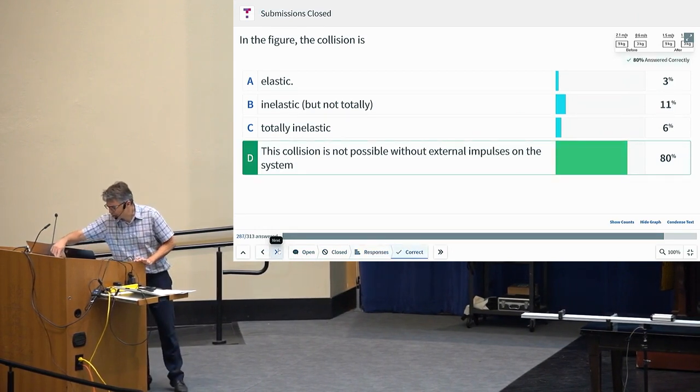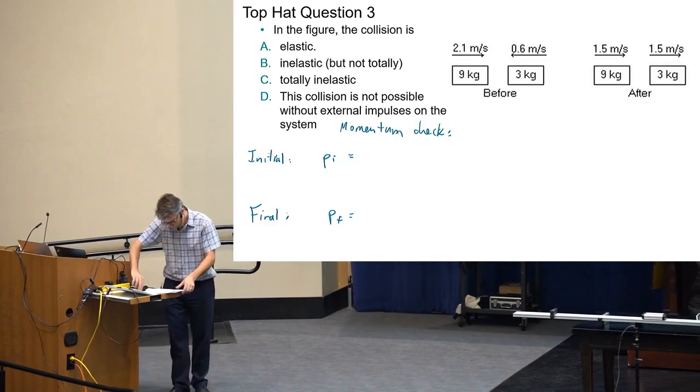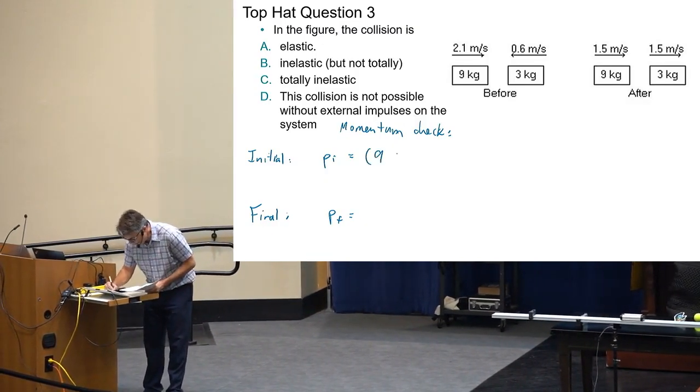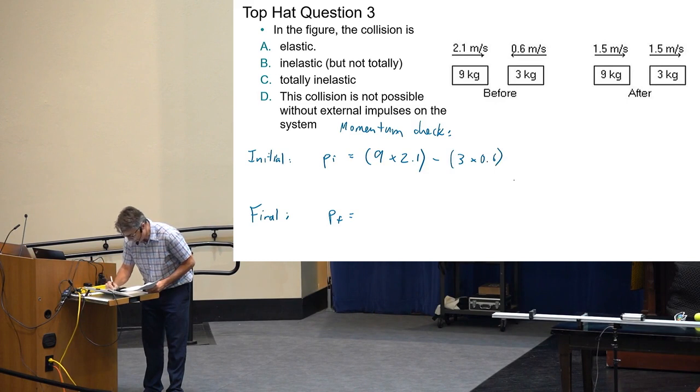So let's do the momentum check. Here I've got 9 times 2.1 minus, because this is initial and one's going the backwards way, minus 3 times 0.6. Because remember, momentum is a vector quantity. So you've got 18.9 to the right, minus 1.8 to the left. So I got plus 17.1 kilogram meters per second.